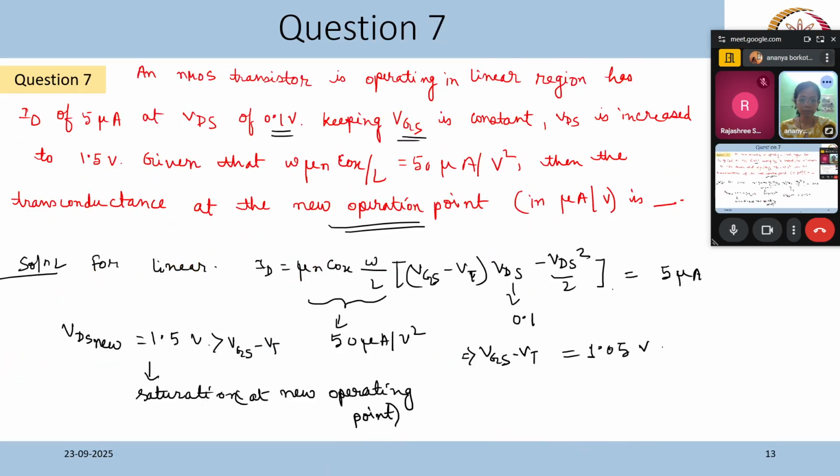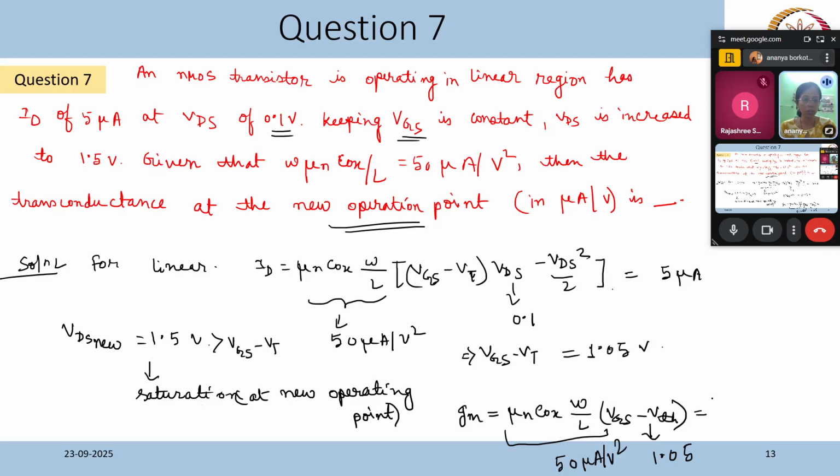So GM will be mu n Cox W by L. You should remember this transconductance expression for the linear regime and saturation regime. So this is given as 50 microampere per volt square, and this we have calculated as 1.05. Don't multiply the VDS value in the expression, otherwise your final answer will not be correct.